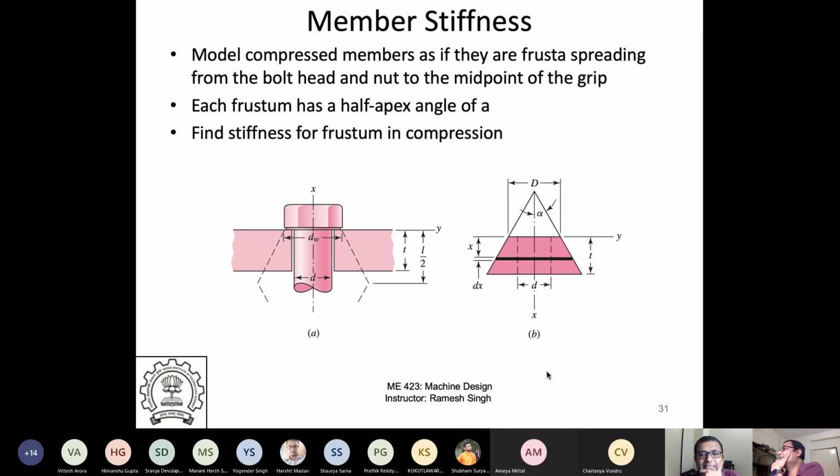What if one material yields? Then the two things will be different. You are right. If the material is the same and it yields, then both will yield. But if the material is different, then yielding properties can be different. But when you tighten, you don't want to let the material yield. You cannot tighten it so much that the material yields, because then you are failing the material by virtue of joining them.